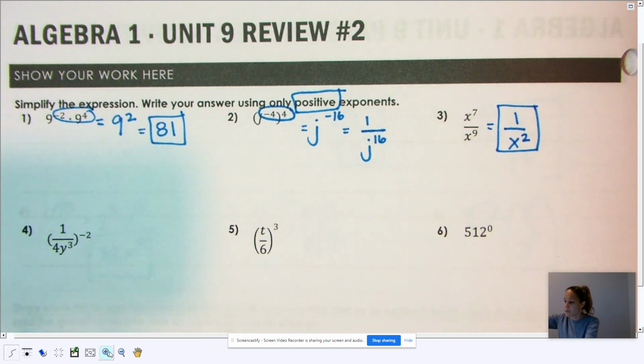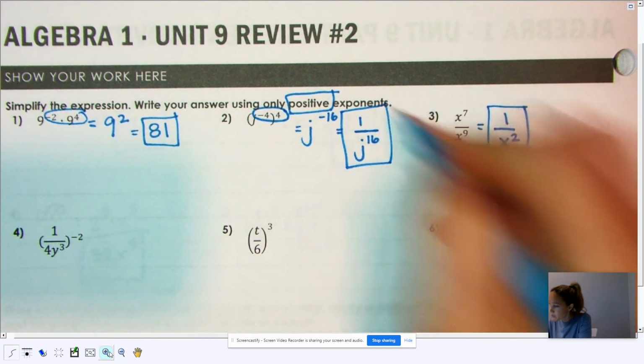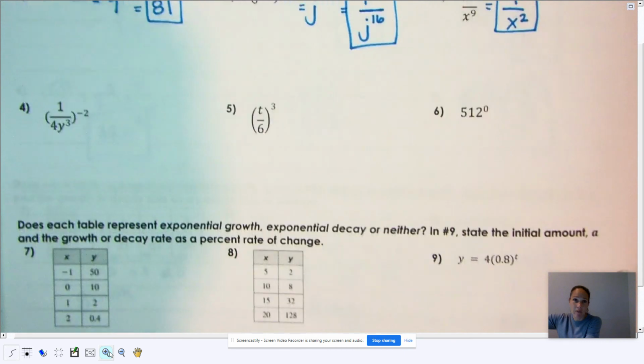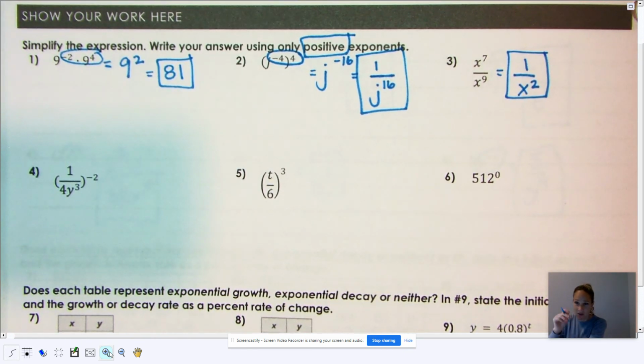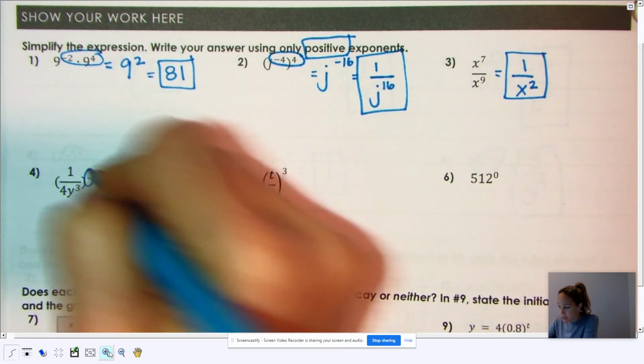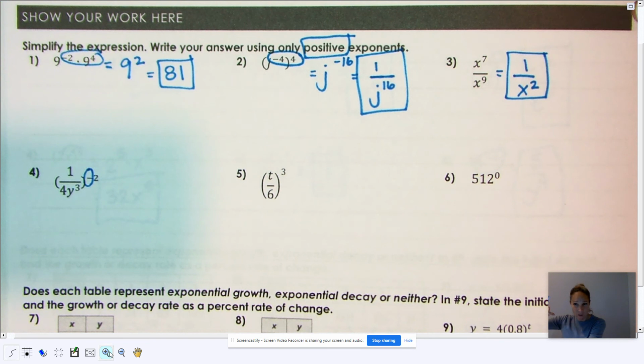Looking at problem number 4, oops, I forgot to put a box around that one. Looking at problem number 4, remember what I told you guys in other videos. Maybe if this is your first one, you haven't heard me say this, but this negative right here just means that we're taking the reciprocal. So I can go ahead and flip that over before I even start this problem, and it's going to make it way easier.